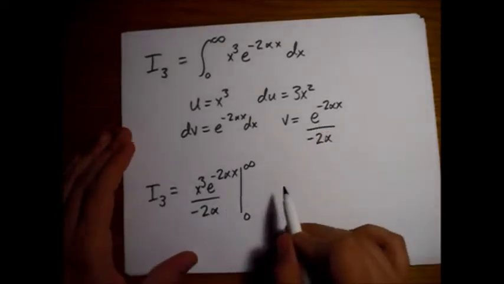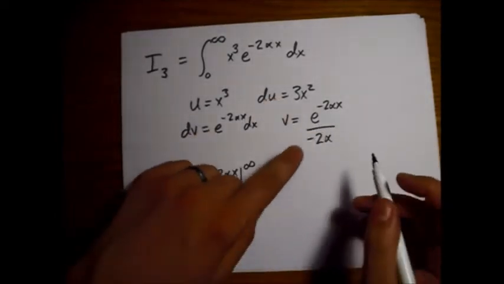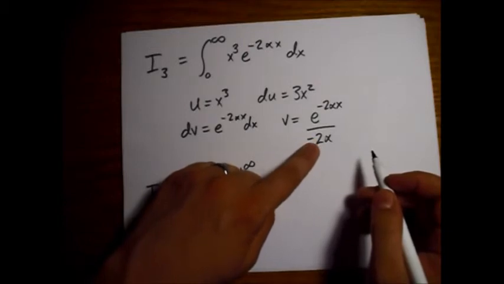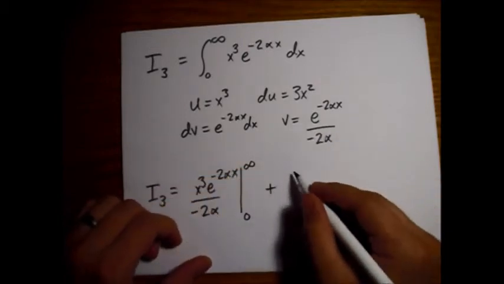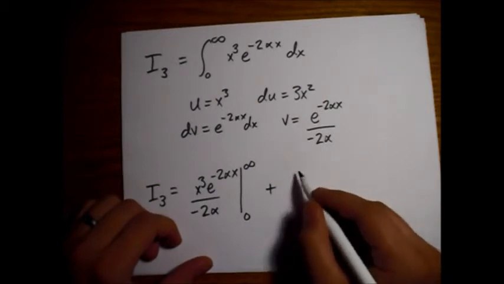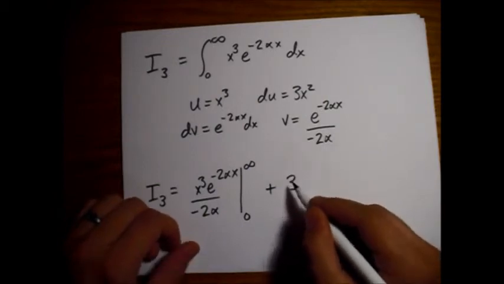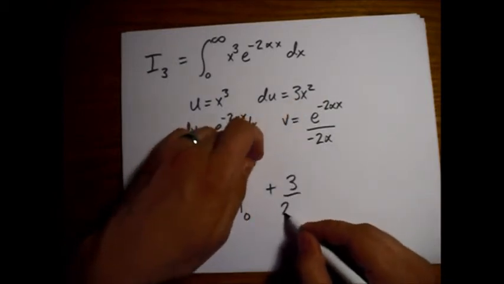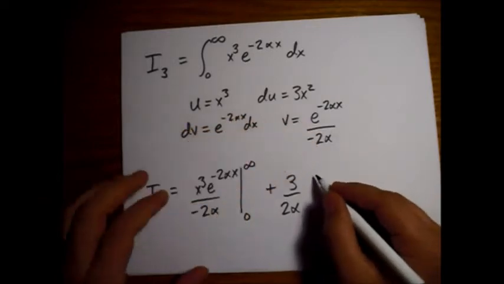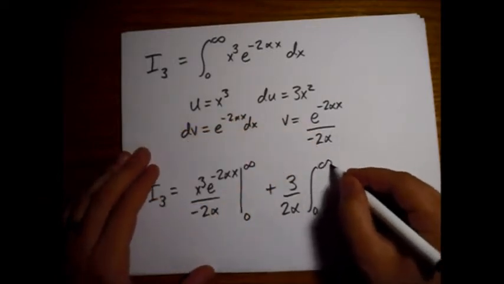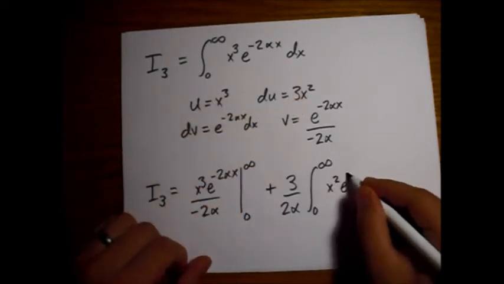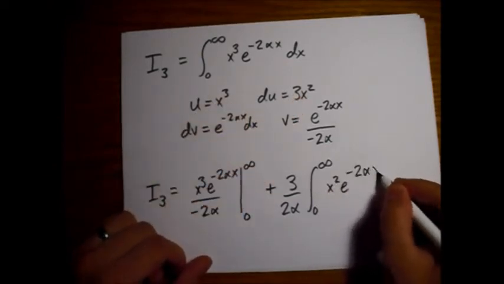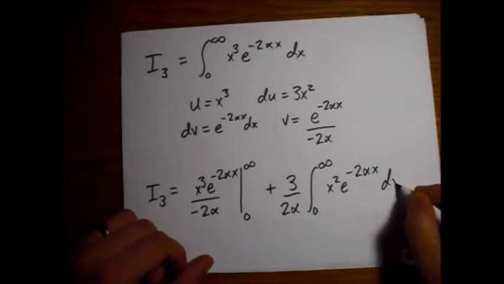And then we have minus the integral of v du. I'm going to bring out the minus sign from this denominator here and make a plus sign out front. So we're going to have a 3 from this and a 2 alpha from downstairs here, integral 0 to infinity, and then we have an x squared e to the minus 2 alpha x dx.